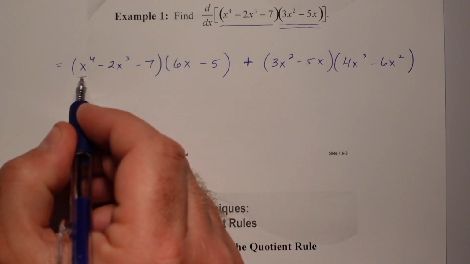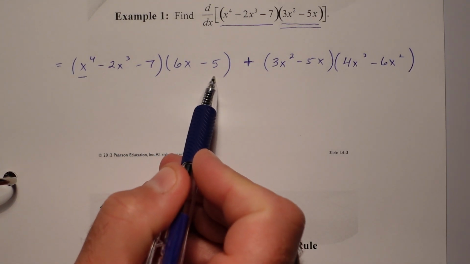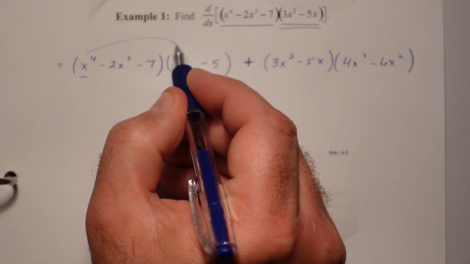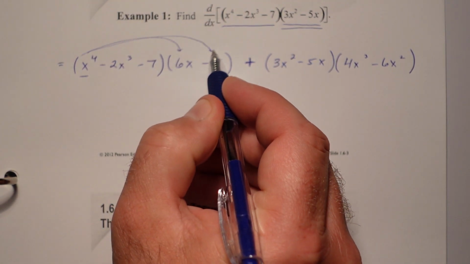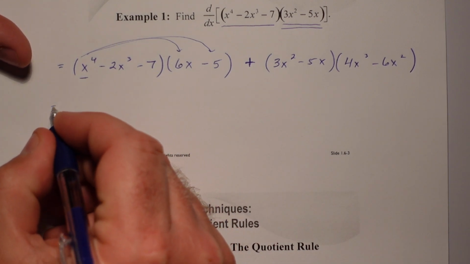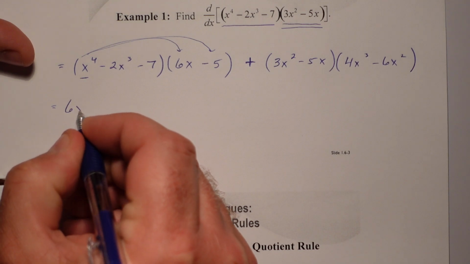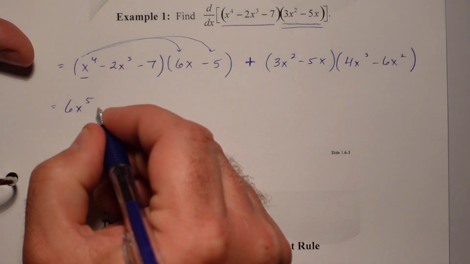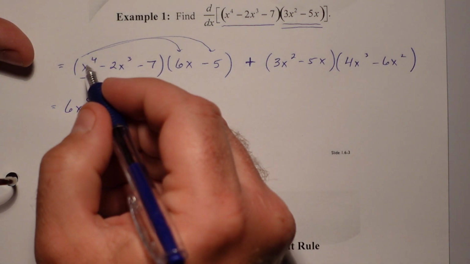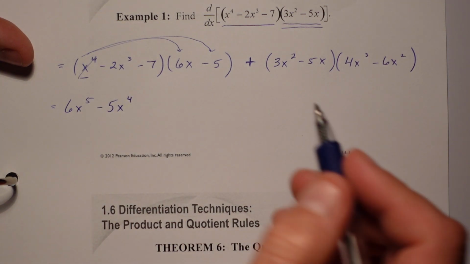It's just a matter of doing a little bit of algebra to try to simplify things. So to start here, x to the fourth, I'm going to distribute to each term in this other factor. So x to the fourth times 6x, x to the fourth times minus 5, and then we're going to take things from there. So let me go ahead and start jotting down some results here. That first term is going to become 6x to the fifth, and then I'll have a minus 5x to the fourth. Once that's distributed, you can cross it off if you'd like.